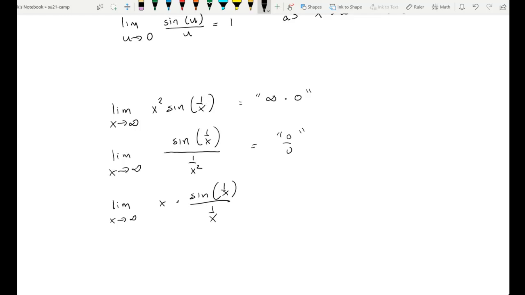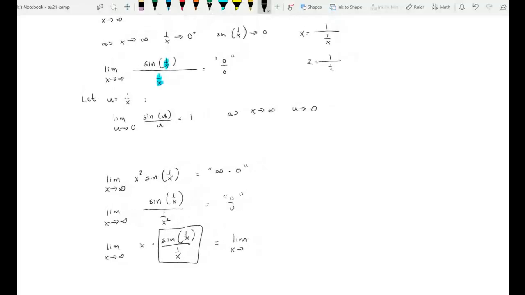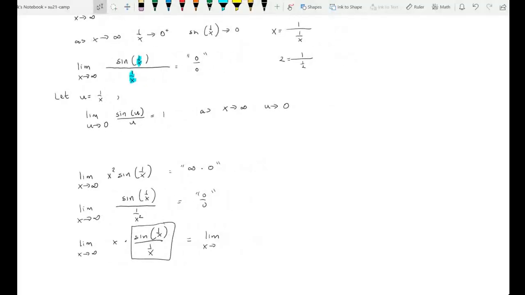So what is the limit of the second factor as x goes to infinity? Well, we know that it's going to go to 1, because it's just the previous problem that we did. Okay. So you can get the limit of x times the limit of sine 1 over x divided by 1 over x.